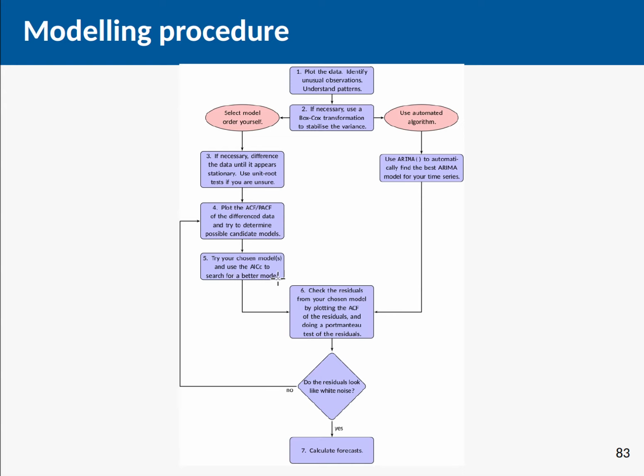And then try your chosen models to find the models with the lowest AICc. Then do the residual diagnostic tests, plot the residuals, do a portmanteau test, and make sure that the residuals are white noise. Okay, if the residuals are not white noise, you want to go back to this ACF and PACF and try different models. Okay, finally, you want to calculate forecasts.